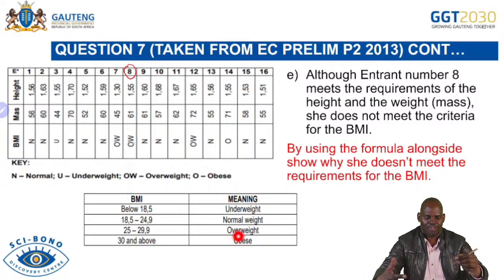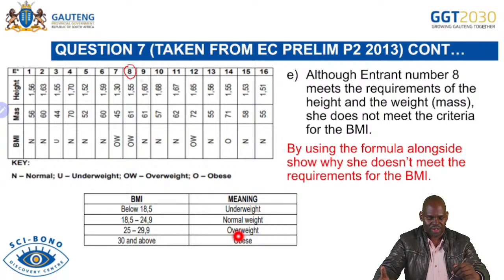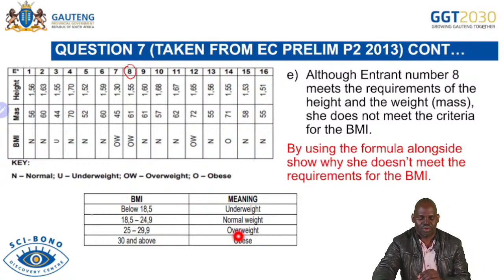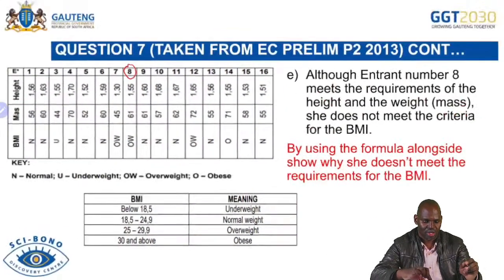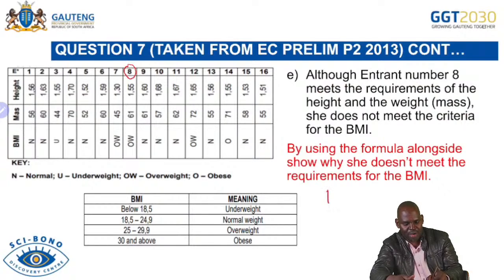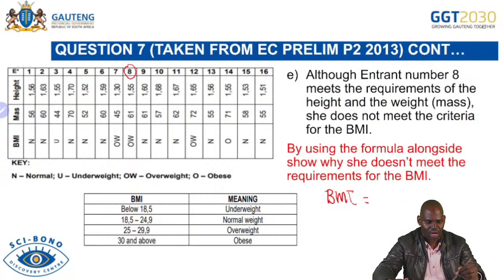So in other words, for this one, we need to check the value of her BMI and confirm it from the table. The information is given there. We know the formula already. The formula is still BMI equals the weight, which must be in kilograms.